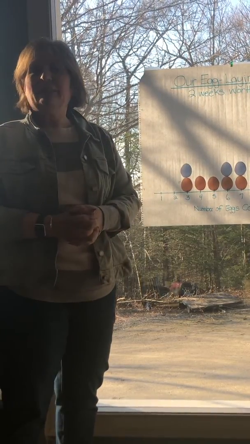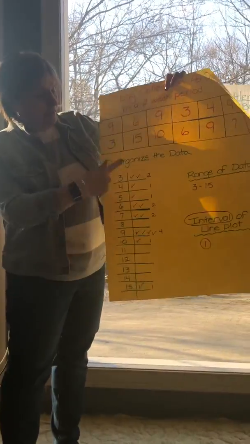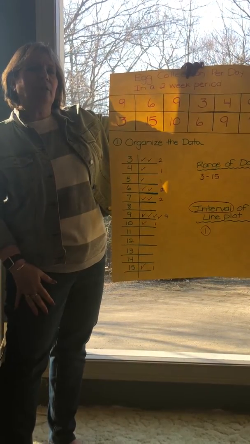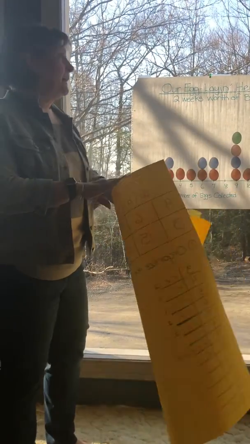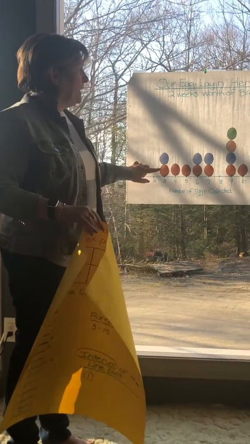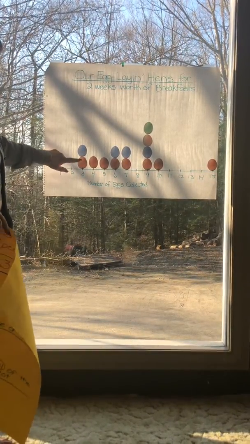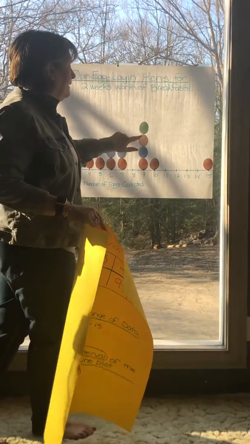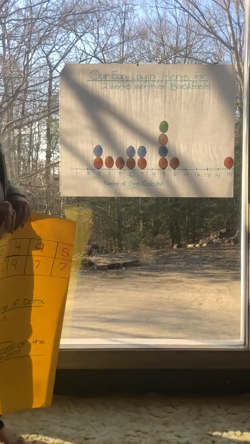There's going to have to be a lot of organization. So I strongly suggest that you start off with something like this to try to arrange your data and make sure you have all the pieces. And then once your line plot is done, go back and count. So here it was for 2 weeks, so I should have 14 pieces of data on here. 1, 2, 3, 4, 5, 6, 7, 8, 9, 10, 11, 12, 13, 14. And I did. So we're all set with that.